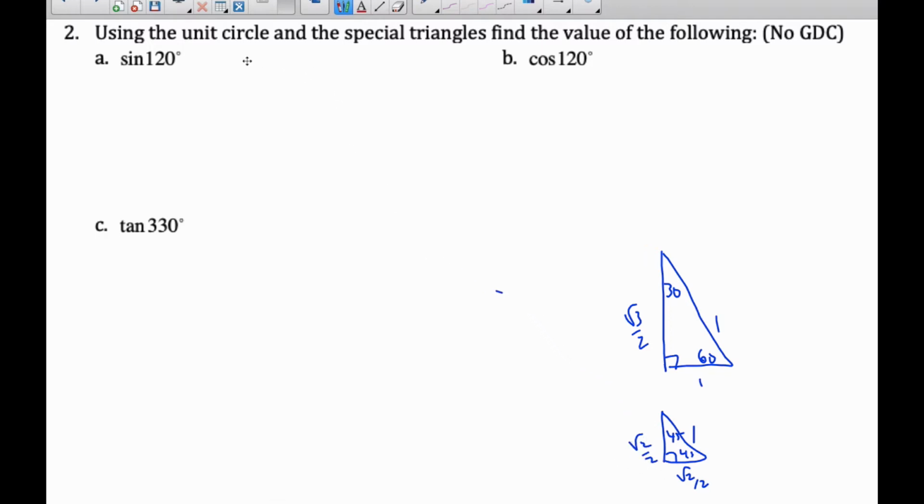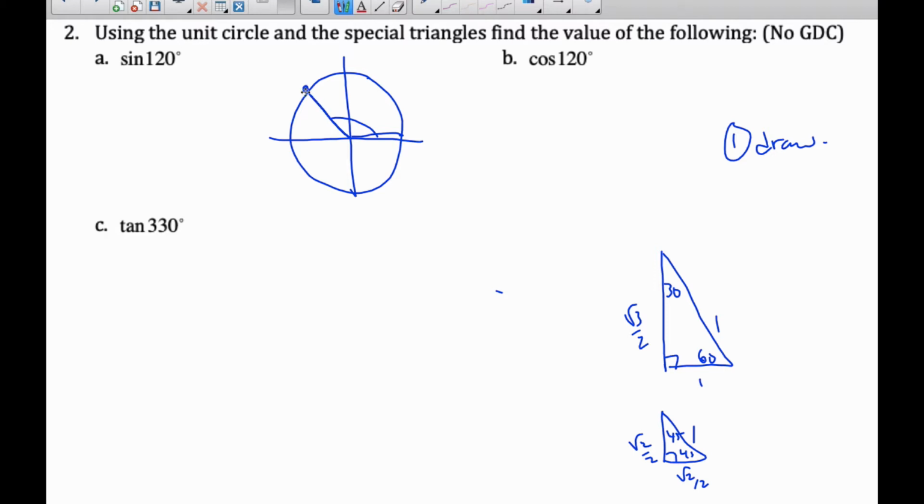Alright, so going over the sine of 120. The first step in doing these is we want to draw. When I draw it, I know my unit circle is here, and I know that 120 degrees goes from here roughly to this position here.